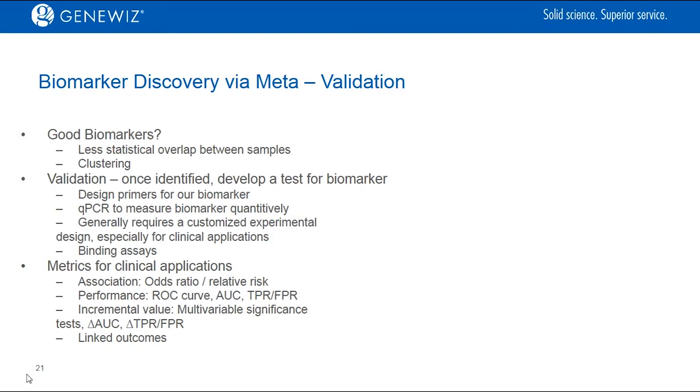So there are some metrics for clinical applications that are generally good to look at, like defining an odds ratio or relative risk for a disease based on the presence of a given SNP. You can test the performance of a biomarker's ability to predict or diagnose with ROC curves or true positive rates or false positive rates, for example.